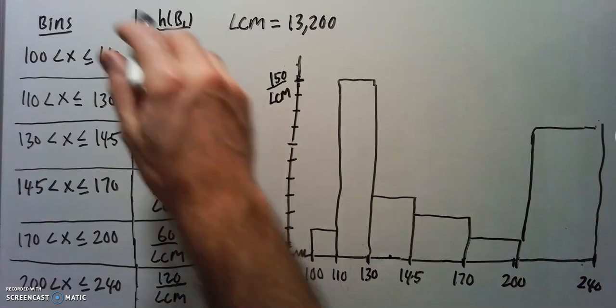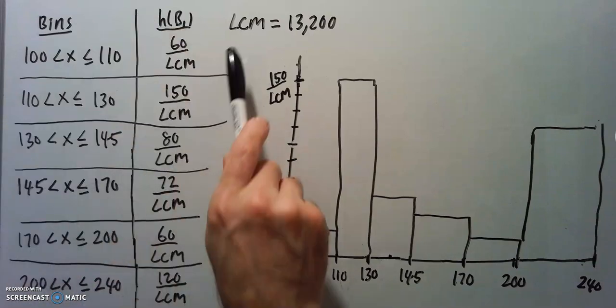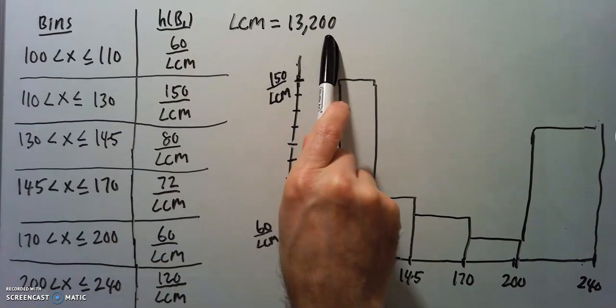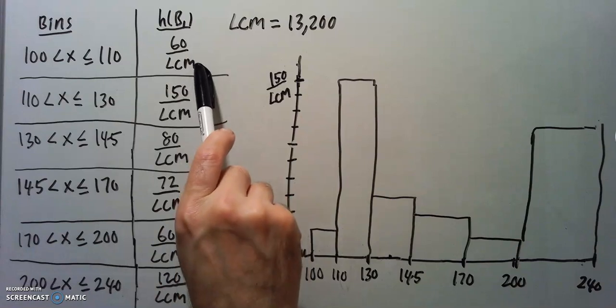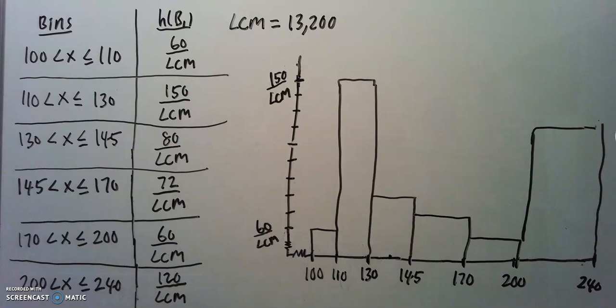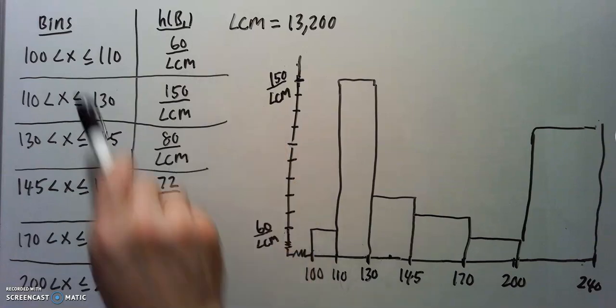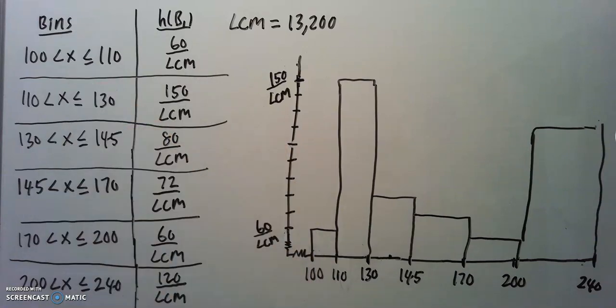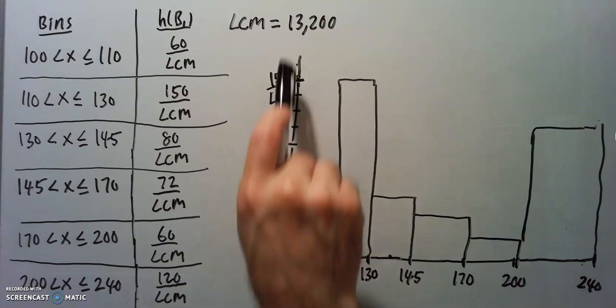Okay, so I've wrote my table over here, and the LCM again is 13,200. So I'm writing the denominator as just LCM, just so it's easier to write out. So here's my heights and my bins over here. And here then I have my histogram. So I have my bins down here. I have my heights up here.